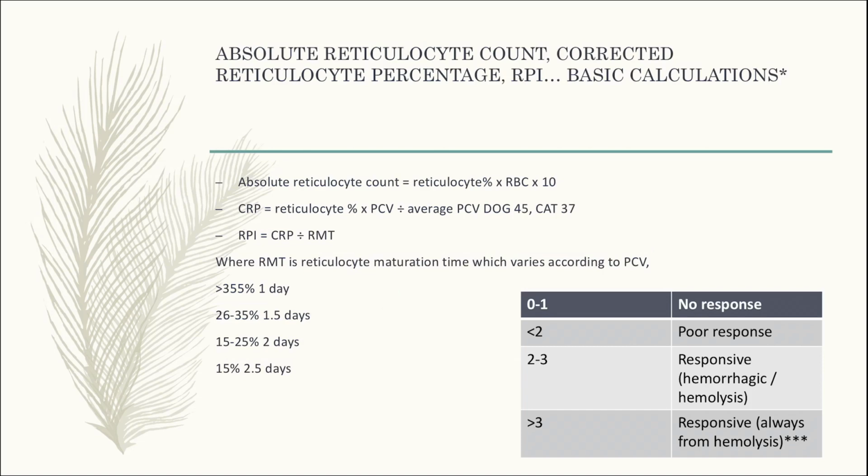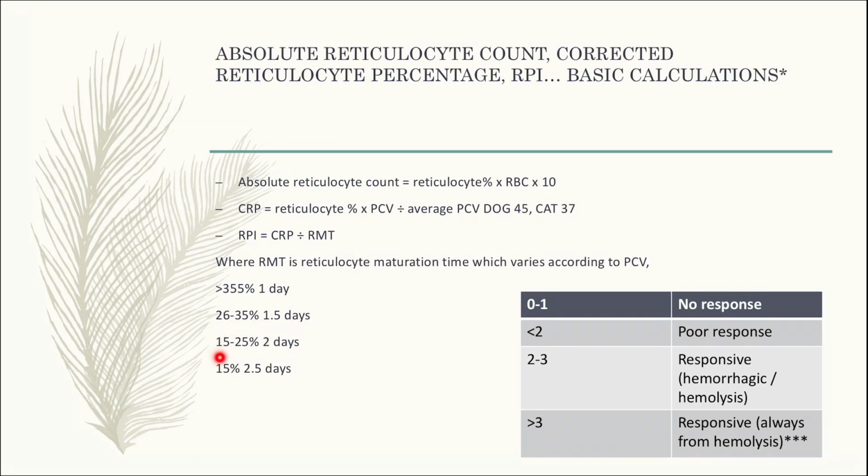And RMT is denoted in days. If PCV is more than 35%, then the reticulocyte maturation time is going to be 1 day. If the PCV of our patient is somewhere between 26 to 35%, then reticulocyte maturation time is going to be 1.5 days.